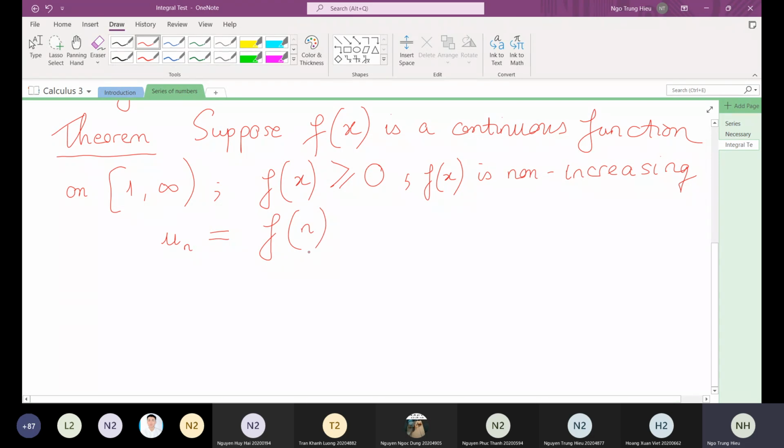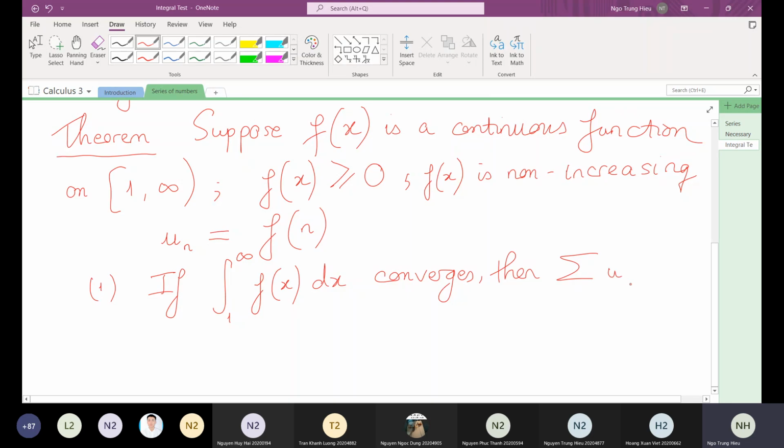So the theorem says that if the integral from 1 to infinity of f of x dx converges, then the series sigma u sub n also converges.